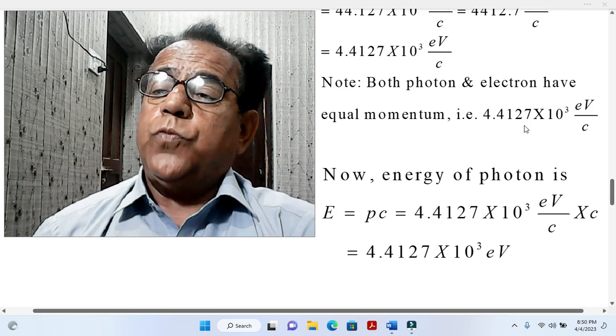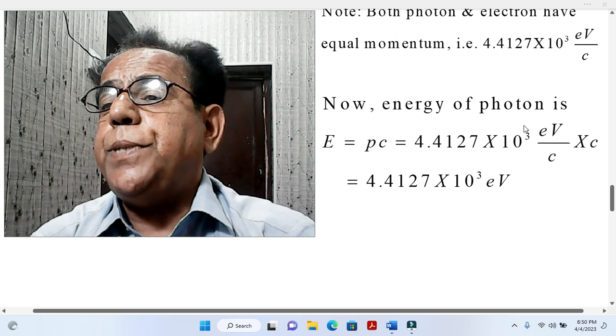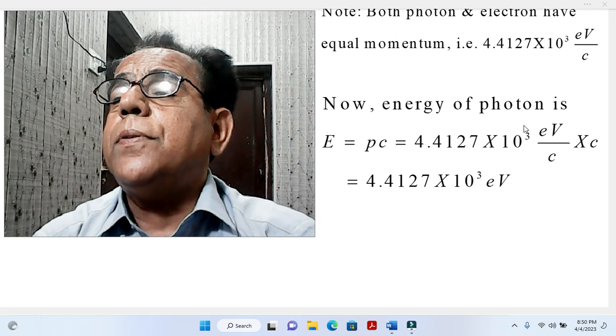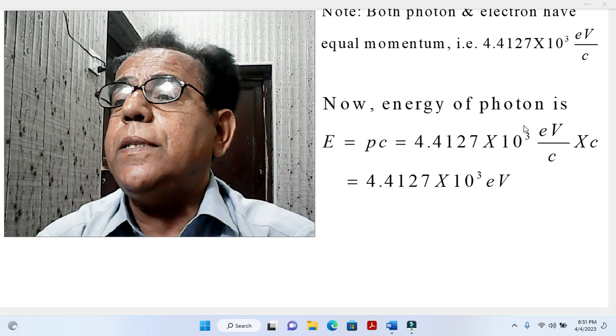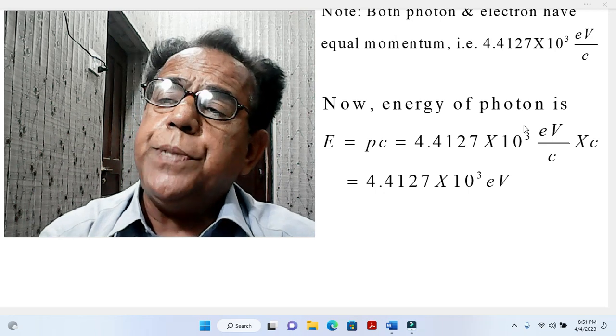Now we move forward. Energy of photon is E equal to Pc. The value of P is given in the above line. Here we have just multiplied it with C, because E is equal to Pc.